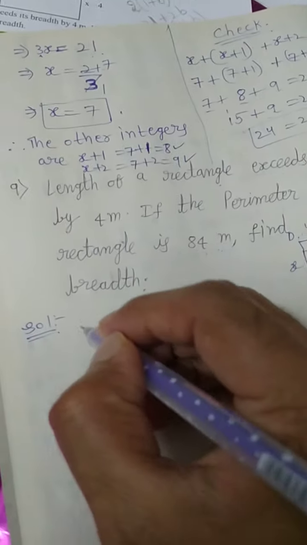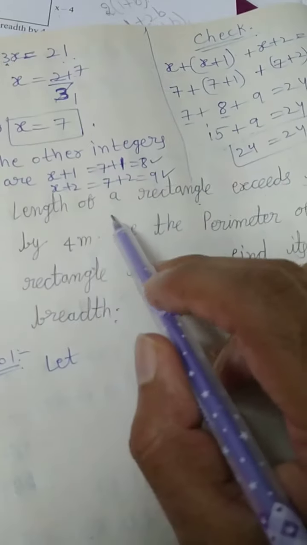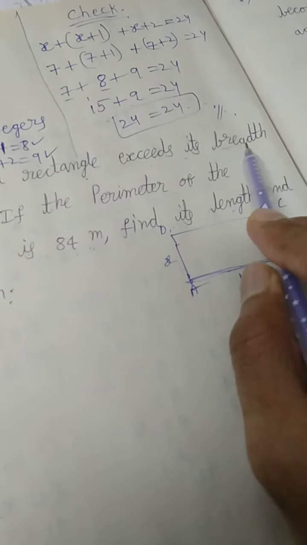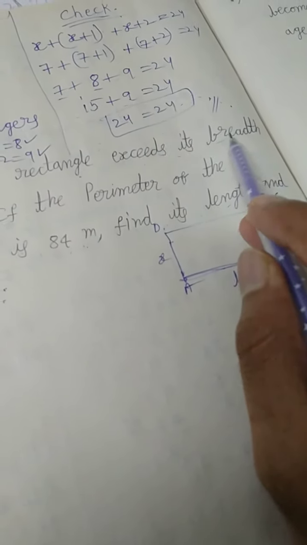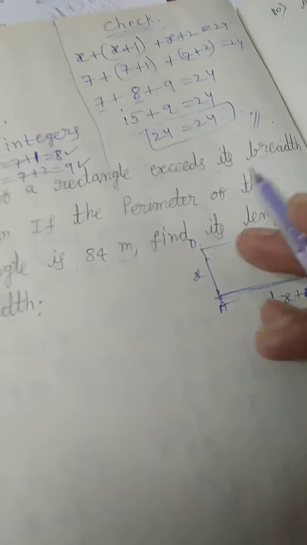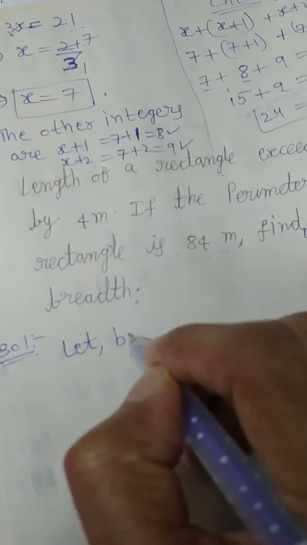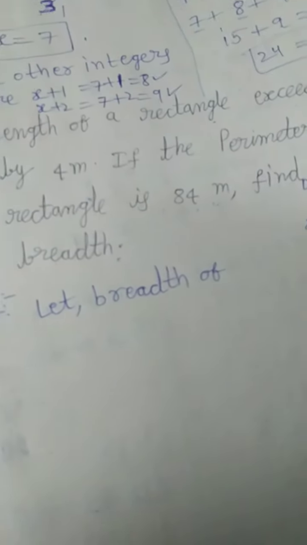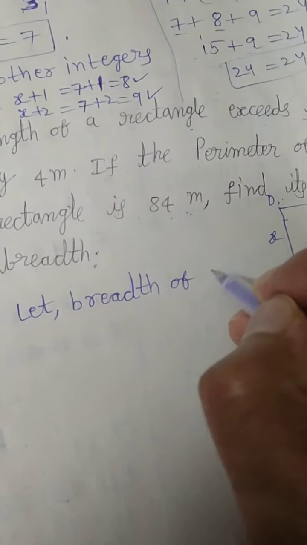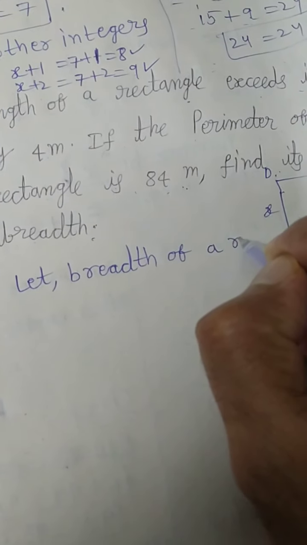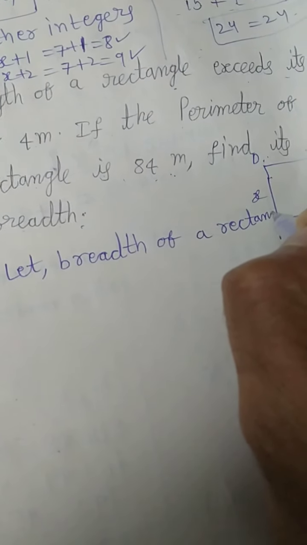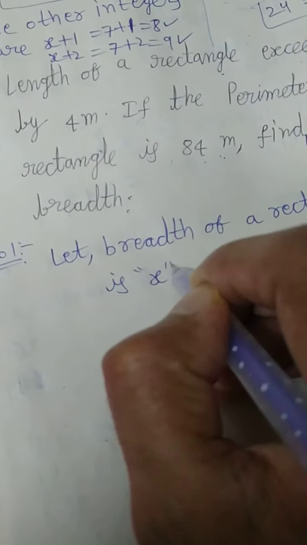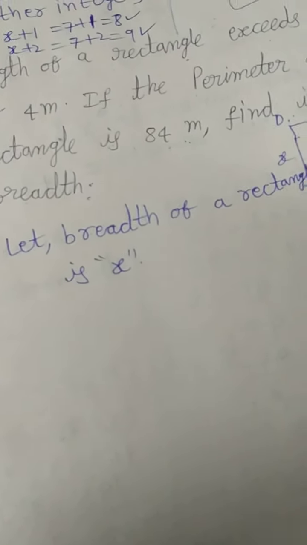Let us suppose the length of a rectangle is exceeding its breadth. So for this you should assume x. Let the breadth of a rectangle be x, suppose we are assuming it as x.